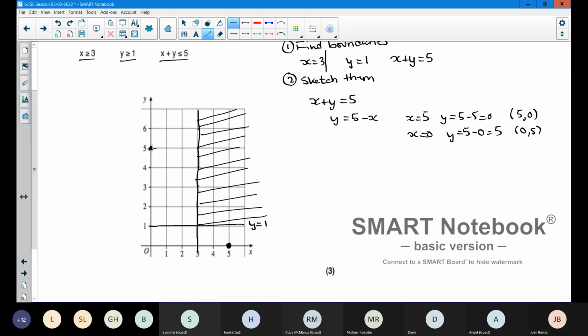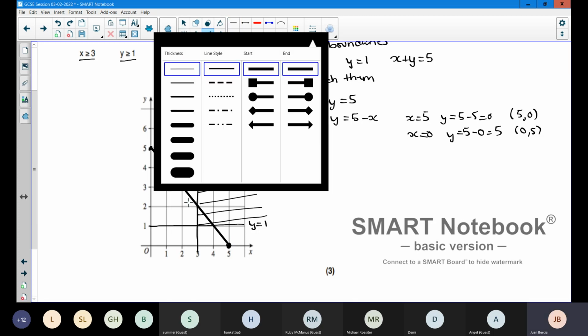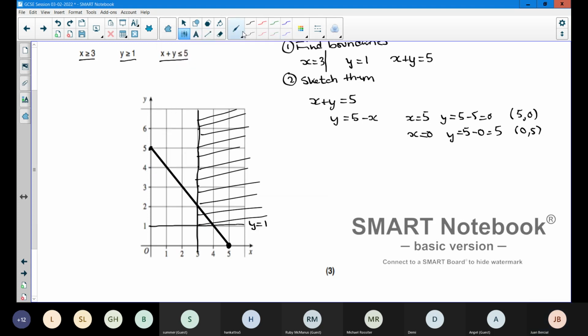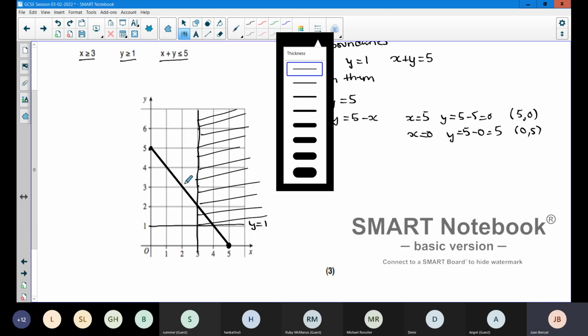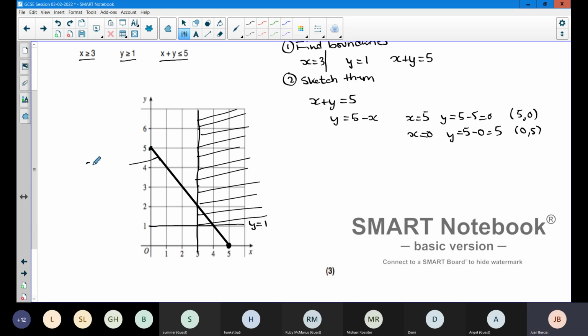So I'm going to connect that, and let's not forget to keep labeling them. So this one here is x plus y equals 5, and this one here is x.